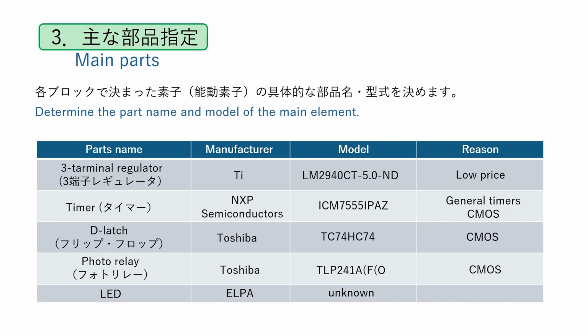Toshiba manufacturing, low consumption CMOS, model name is as follows. The photo relay is manufactured by Toshiba, and the model name is as follows. The LED is manufactured by ELPA. I used what I had in the junk box. For part specifications, please refer to each data sheet.